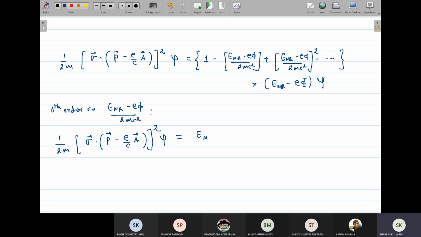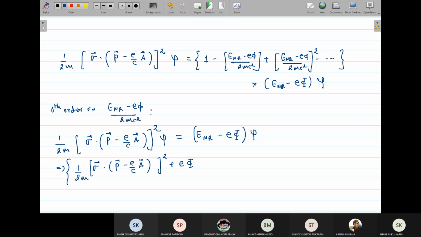So it will be (E_NR minus E_phi) acting on phi. Therefore, this is nothing but 1 over 2m (sigma dot P minus E by CA) square plus E phi, which I have written on the left hand side, acting on phi equal to E_NR phi.